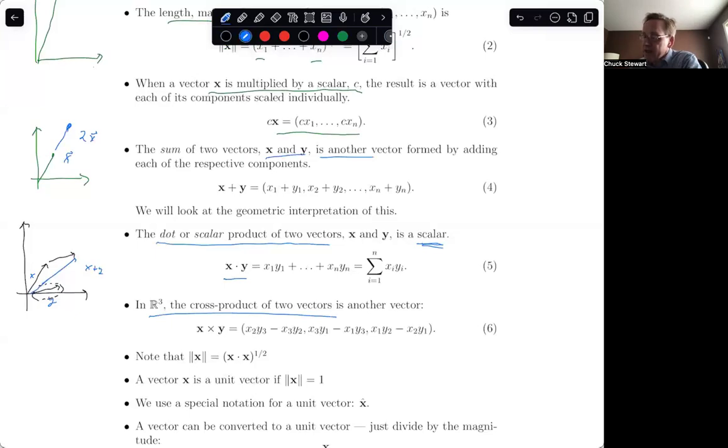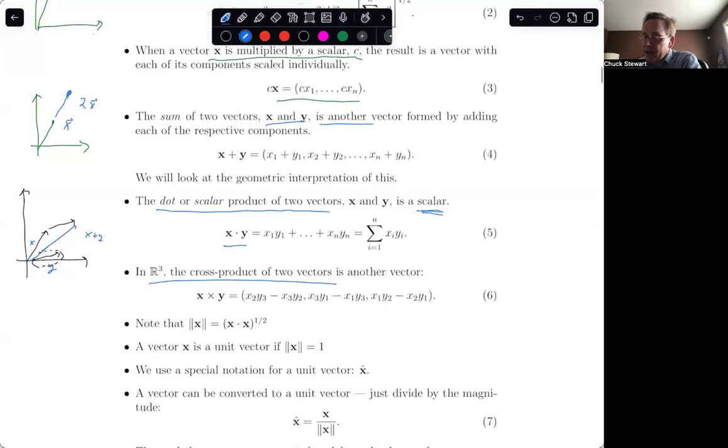And it's a little funky to see, but if we have x1, x2, x3 as one vector, y1, y2, y3 as the other, then you get the first component by doing this cross multiplication, and that gives you x2 y3 minus x3 y2.